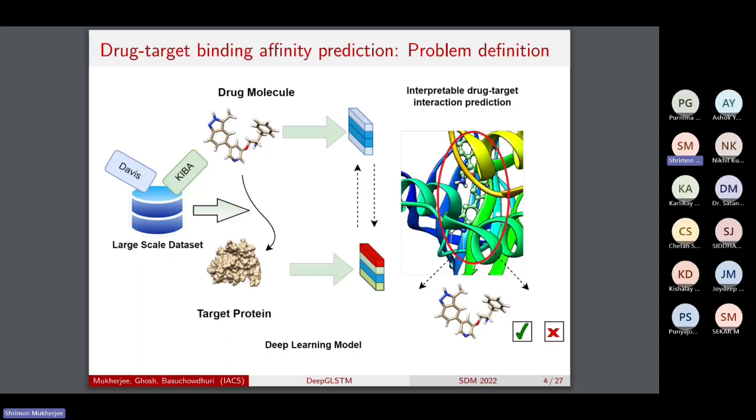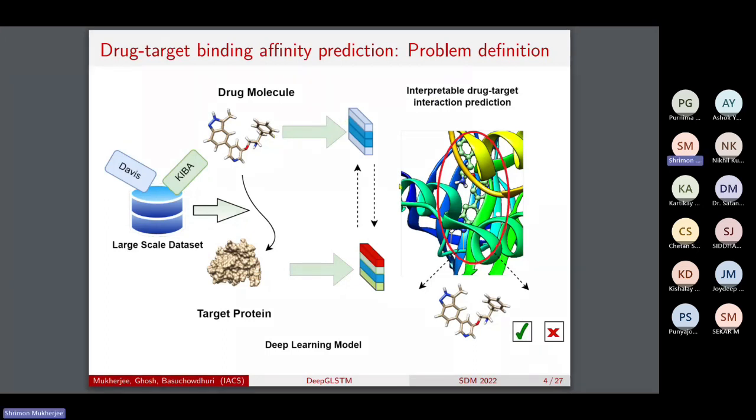Basically, it produces a score, and on the basis of the score we take that drug as a possible candidate to proceed to further experiments, that is, other wet lab experiments or the clinical trials. This is the problem definition of drug target binding affinity prediction.